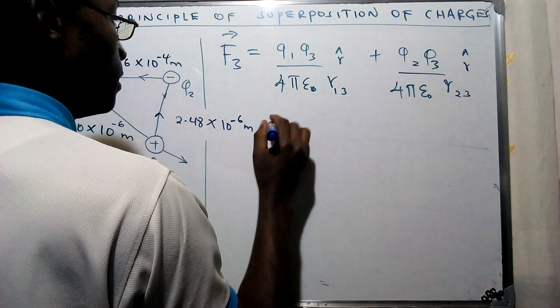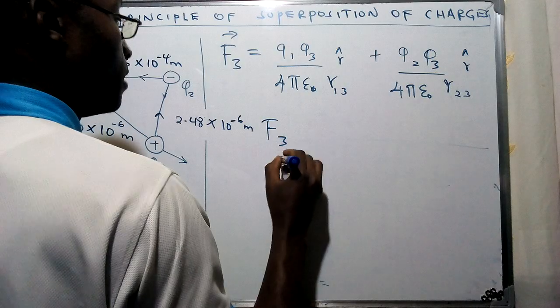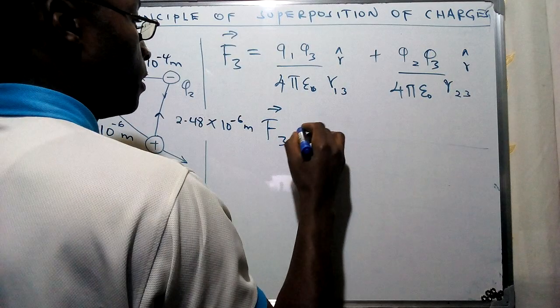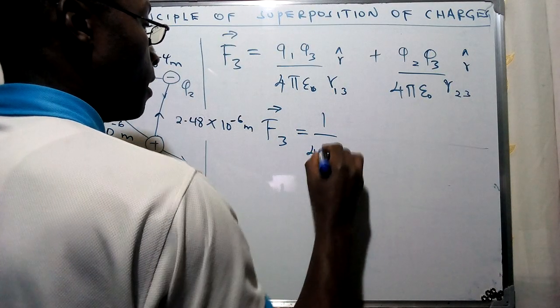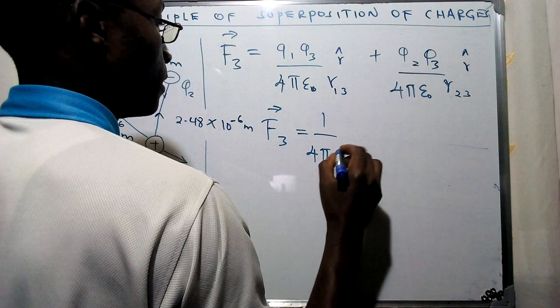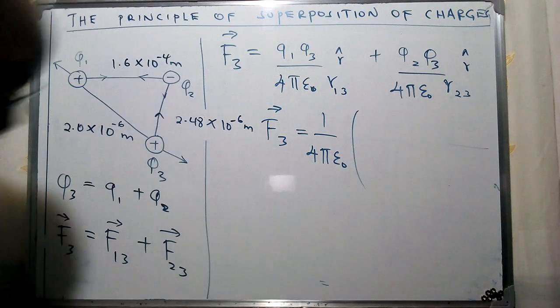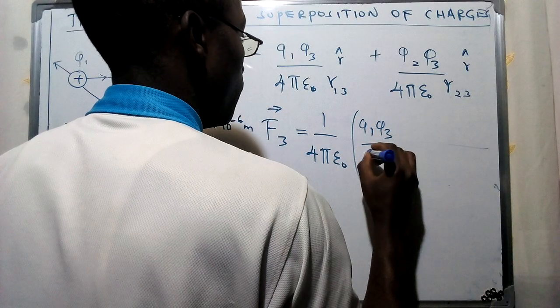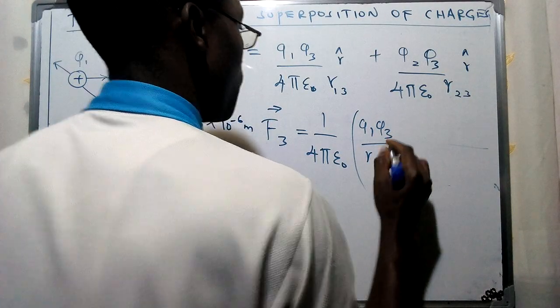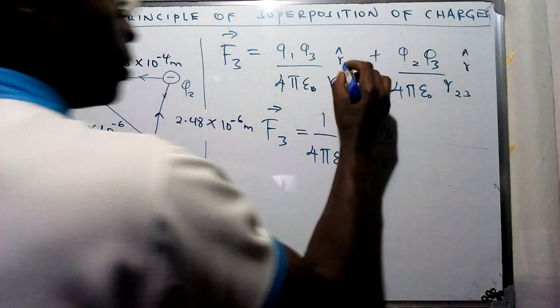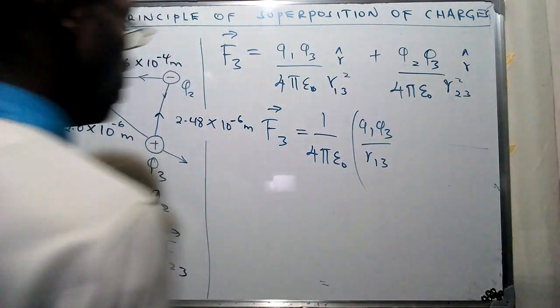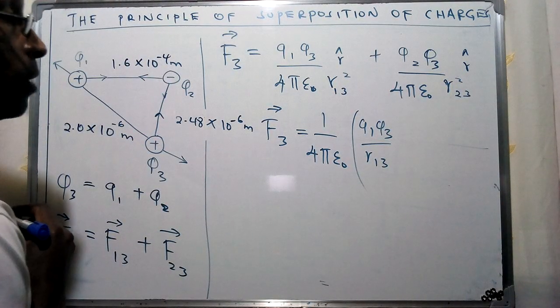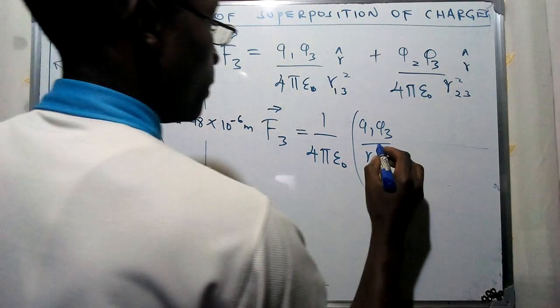So we can do a substitution, but as we can see from this, we can have a compressed form by using this constant as a factor. Then we multiply this with Q1, Q3 all over R1,3. The two specific distances of separation are basically the square of the distance, so they are going to appear as such.